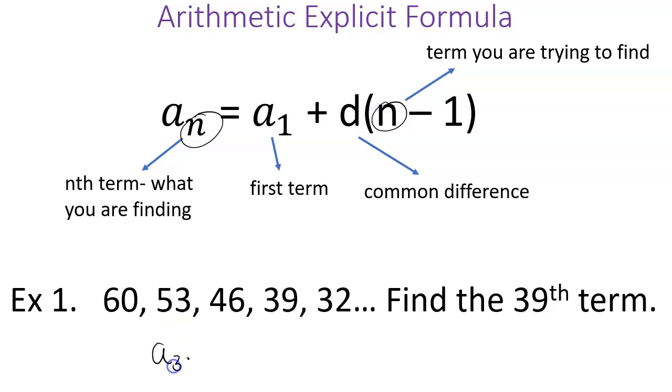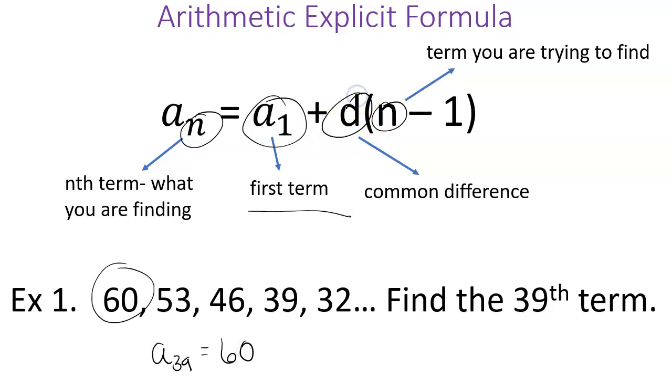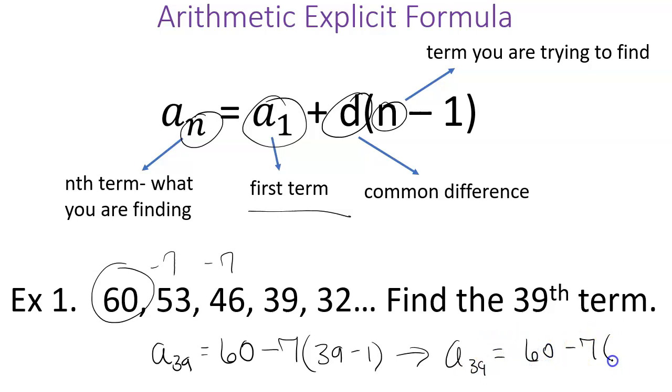So a sub 39 equals a sub 1, my first term, which is 60. d is my common difference, which in this case, I'm subtracting 7, so minus 7. n again is the term that I'm trying to find, minus 1. So we would have a sub 39 equals 60 minus 7 times 38. And then we would just multiply it in our calculator.